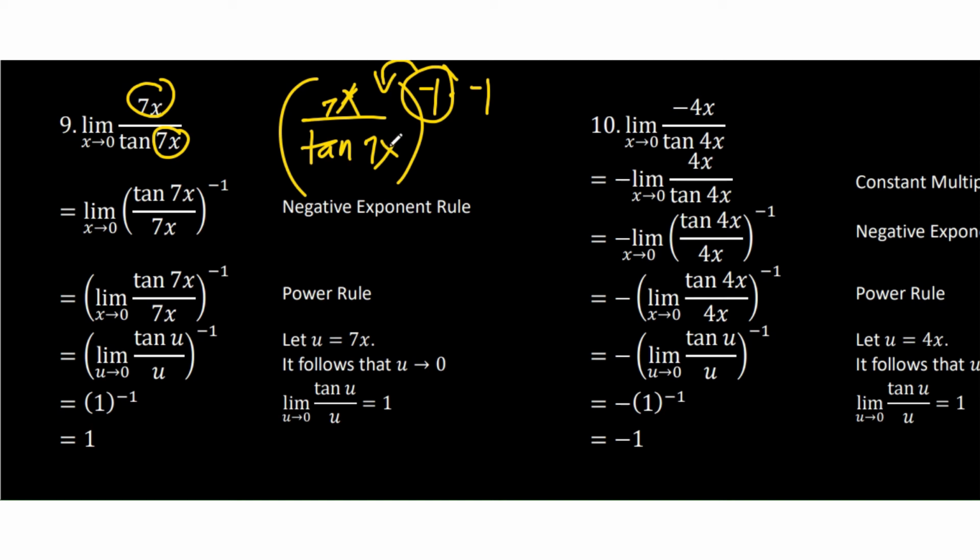Simplify that inside so that you now have this expression, so that it gets reversed and shows the correct form so you won't be confused. So you have tangent 7x over 7x. And they are both 7x. So that is simply 1. So 1 raised to negative 1 is 1.